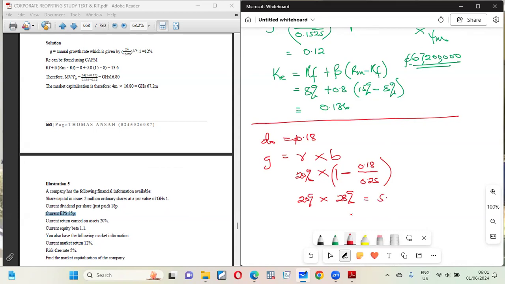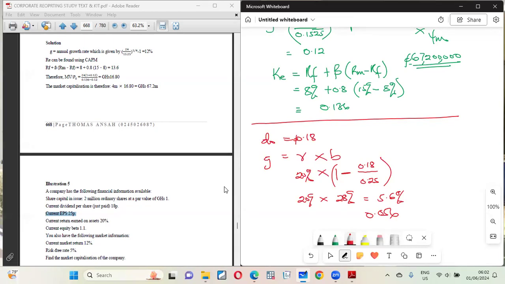It's just that sometimes the examiner will not make it so easy for you. You know how to find R already, which is profit after tax minus preference shareholders divided by shareholders' equity. Sometimes you have to go through that. And sometimes the EPS will also not be given to you easily. You know how to find EPS: profit after tax minus preference shareholders divided by the weighted average number of ordinary shares.